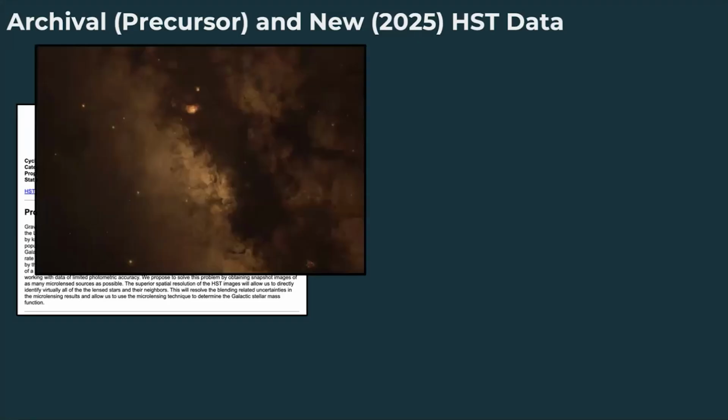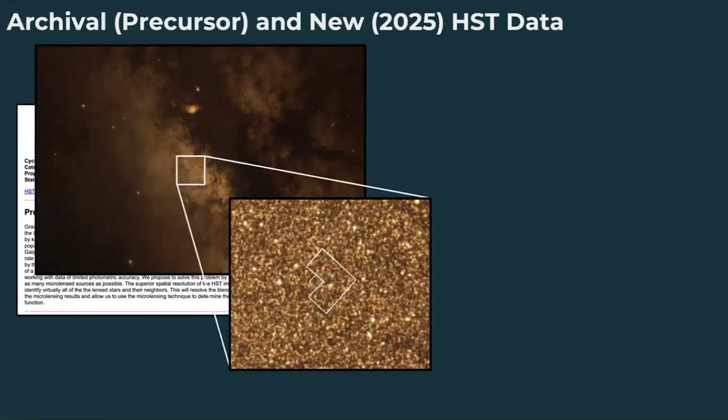So just to put it in perspective, we're talking about the typical galactic bulge and galactic center region, the highly extincted dust, the bulge here where typical ground-based microlensing surveys focus.